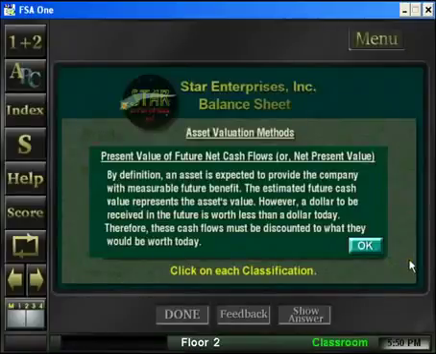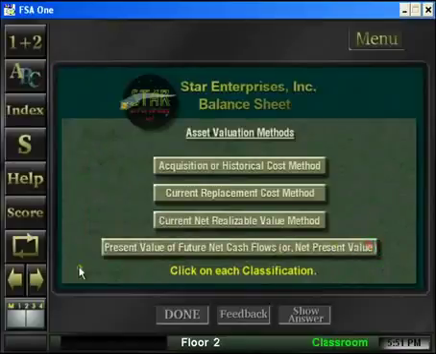By definition, an asset is expected to provide the company with measurable future benefit. The estimated future cash value represents the asset's value. However, a dollar to be received in the future is worth less than a dollar today. Therefore, these cash flows must be discounted to what they would be worth today.